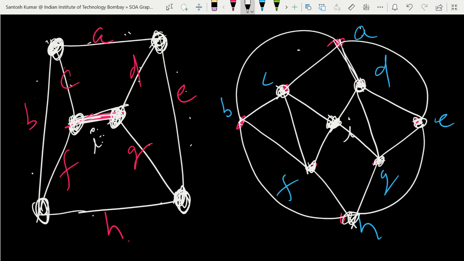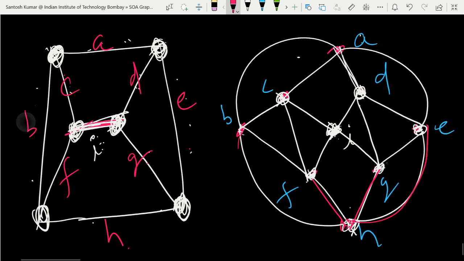I shares with B, C, F, and here D, G. Now H shares with E, G, B, F. So B is already joined, F joined, G and E already joined. This is, I think, the answer.